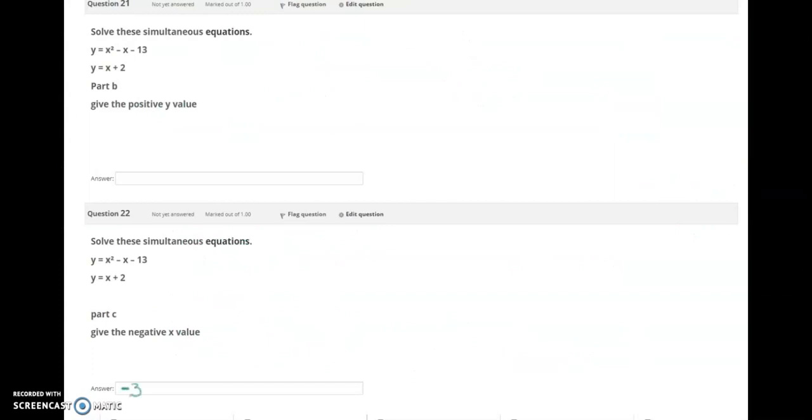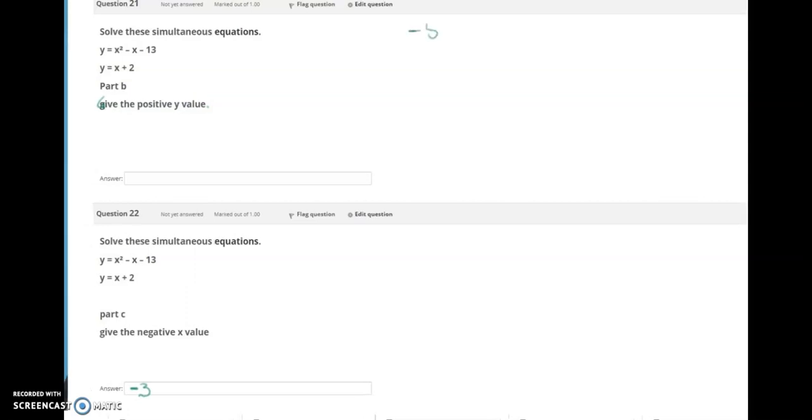Now we've got another question which says, give the positive y value. So we've got to write the positive y value based on the answers that we have for x. So we had two values for x, minus 3 and 5.